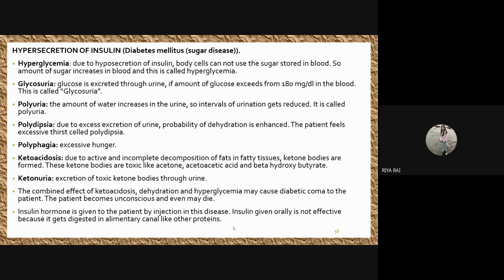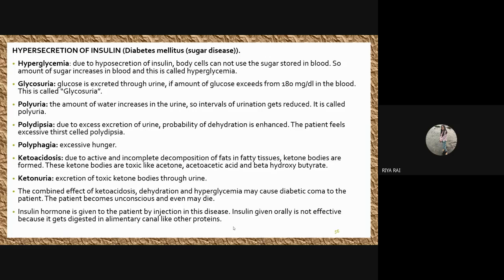Now we will see what happens when hyposecretion of insulin occurs. Hyposecretion of insulin gives rise to diabetes mellitus, which is also known as the sugar disease. It causes hyperglycemia. Due to low secretion of insulin, the blood sugar level will increase and the body cells will not store the sugar, thus all the sugar will be drained in the blood, and due to this hyperglycemia occurs, that is an increase in the amount of sugar in blood.